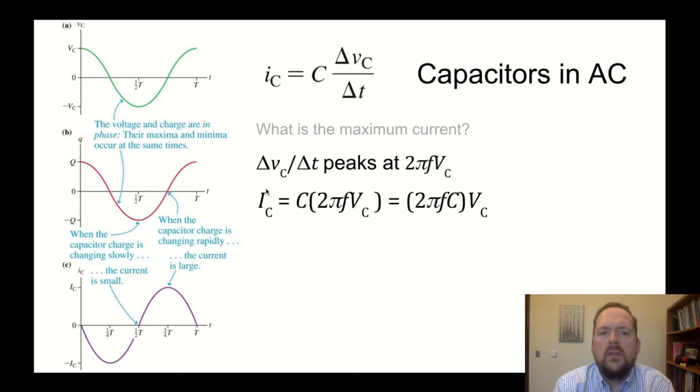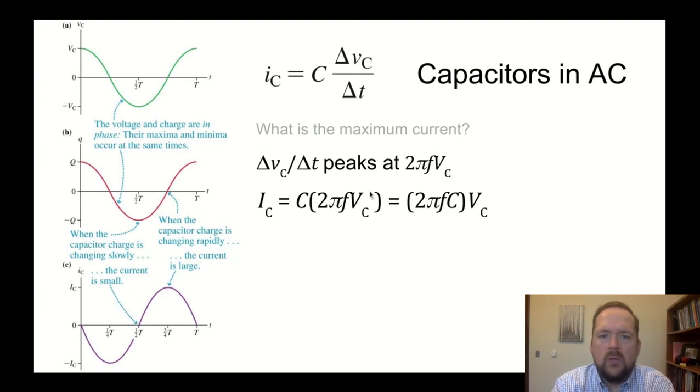So that means the maximum current, the capital I_C here on the graph, is equal to the capacitance times the maximum change in voltage, which we've asserted is 2 pi times the frequency times the maximum voltage across the capacitor.